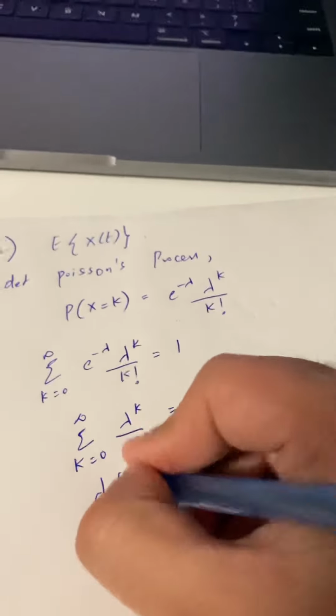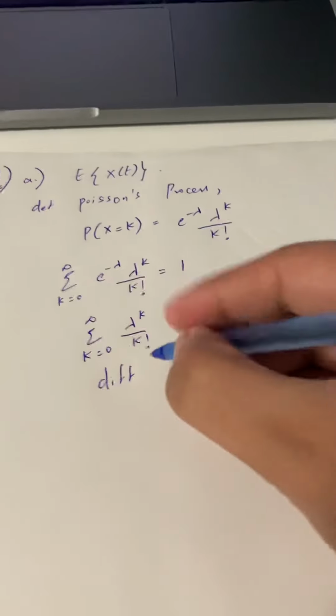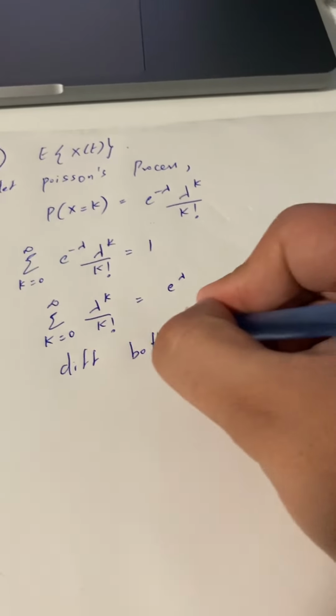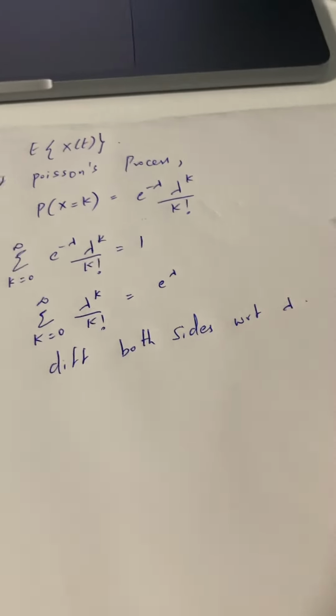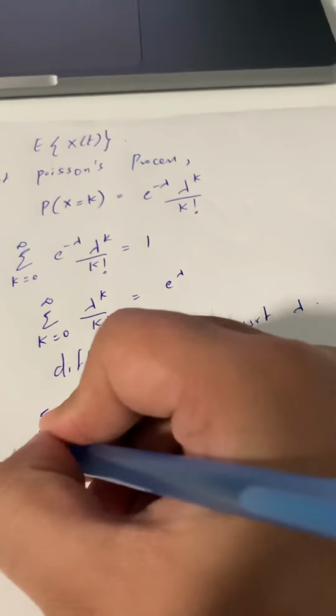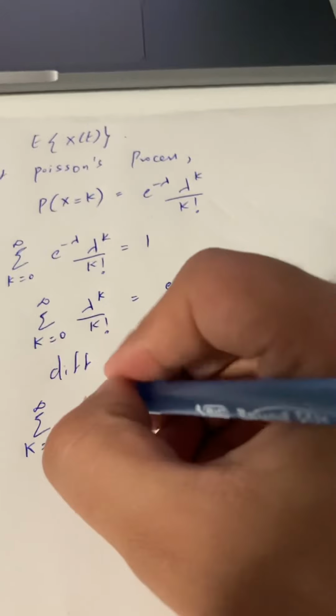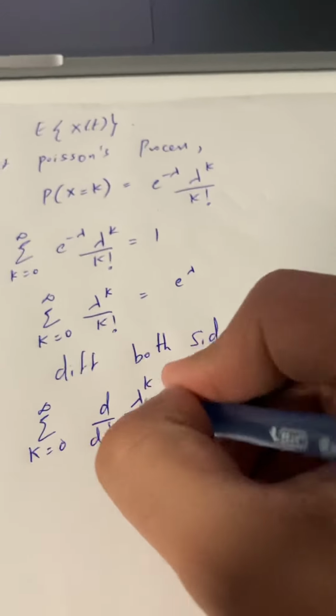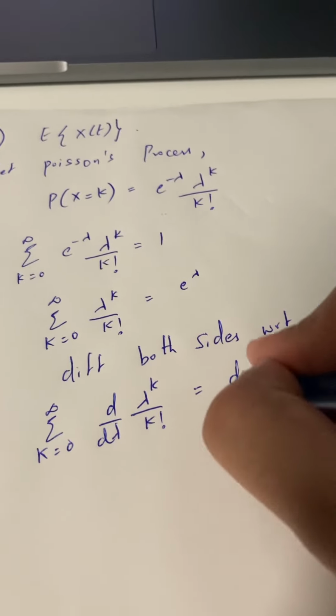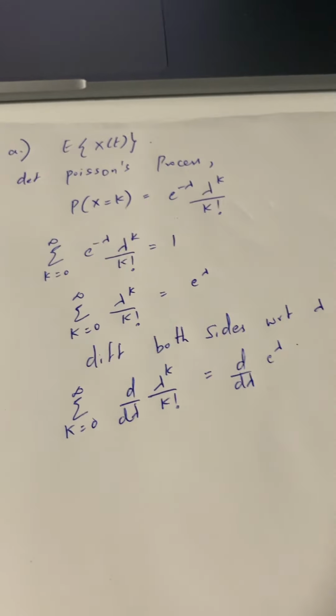Now differentiate both sides with respect to lambda. So sigma k equal to 0 to infinity d by d lambda of lambda power k by k factorial equals d by d lambda of e power lambda.